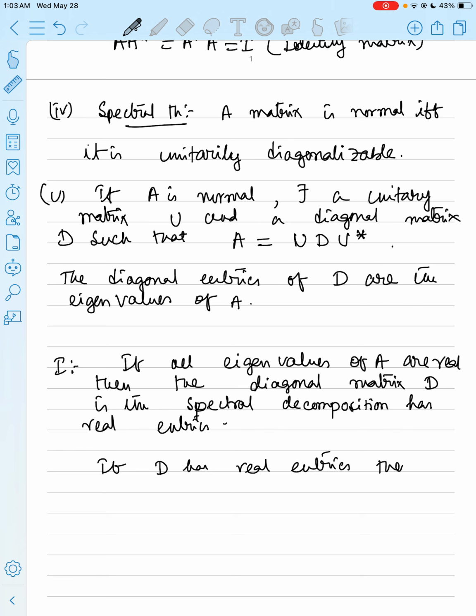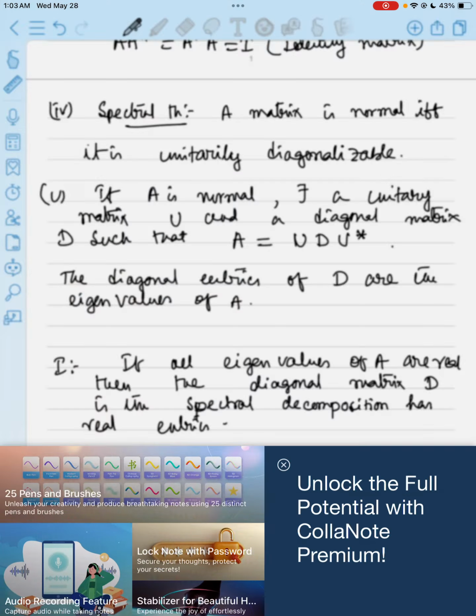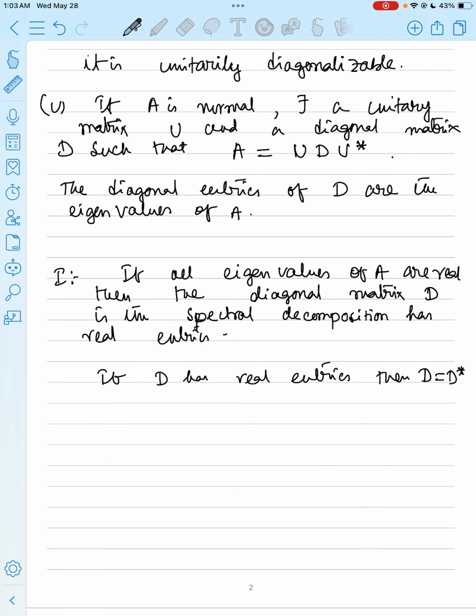Then you can write D equals D star, and since A equals U D U star, we can write A star equals (U D U star) star, which equals U D star U star.